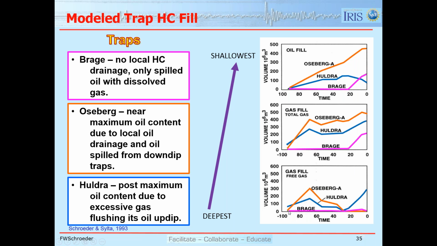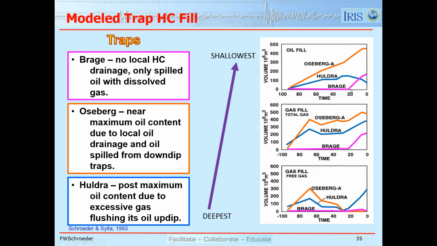And it had some free gas, but then that free gas has been dissolved within the oil as it's received more and more oil. And if we look at Braga, it has no oil until about 20 million years ago, and then it starts to increase, and all of this is spilled oil.